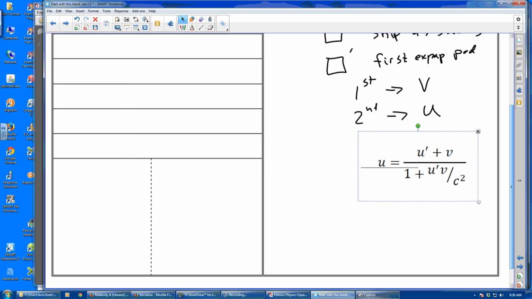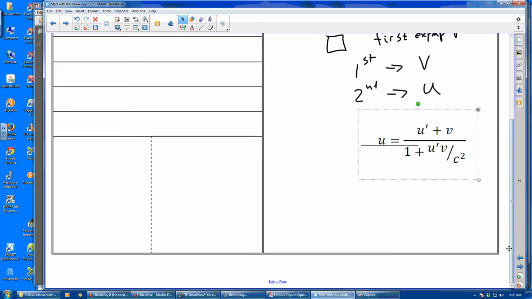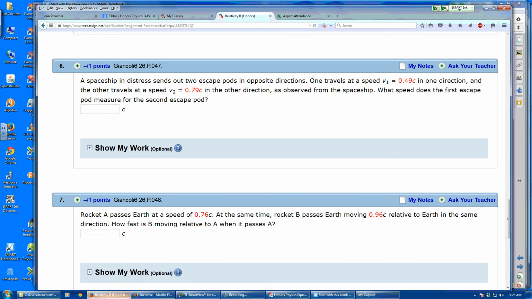So now it's just a matter of substituting in, right? So we take that, let's see. U would be the speed of the second one from the ship. And I'm going to say the second one is negative.